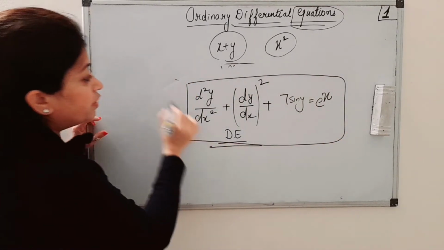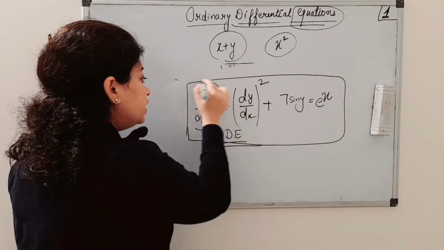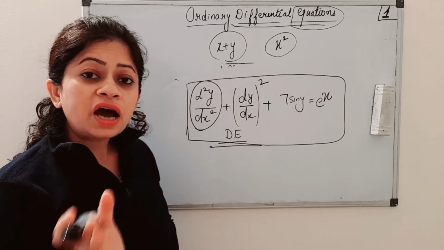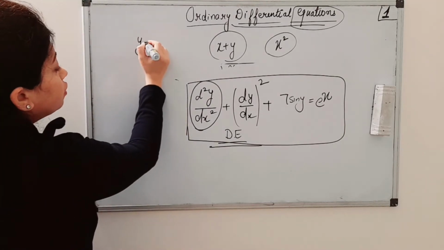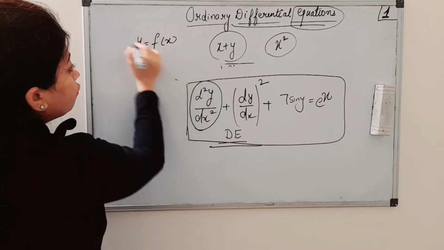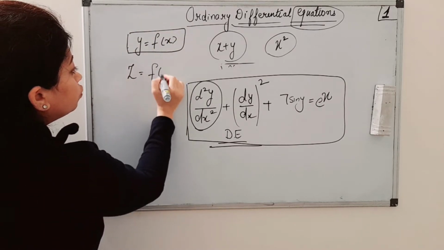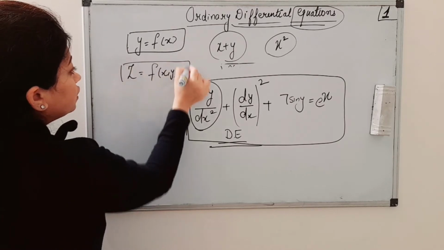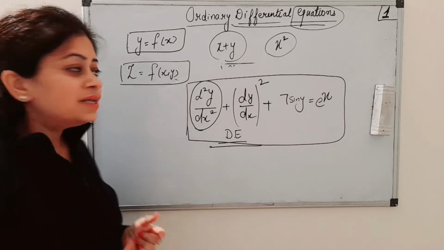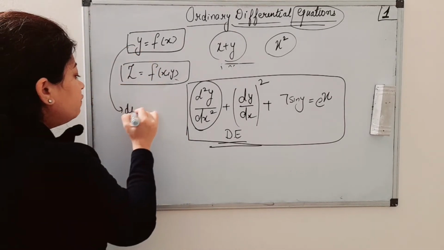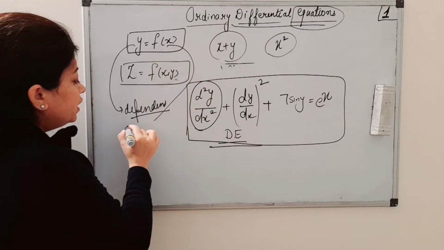Now, what are ordinary differential equations? If we have only ordinary derivatives, what are ordinary derivatives? Suppose we have a function y is equal to f of x and a function z is equal to f of x, y. In y is equal to f of x, y is the dependent variable and x is the independent variable.